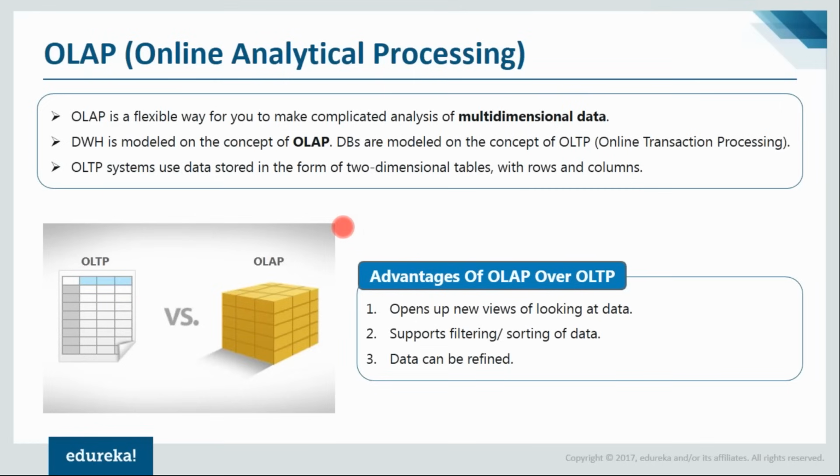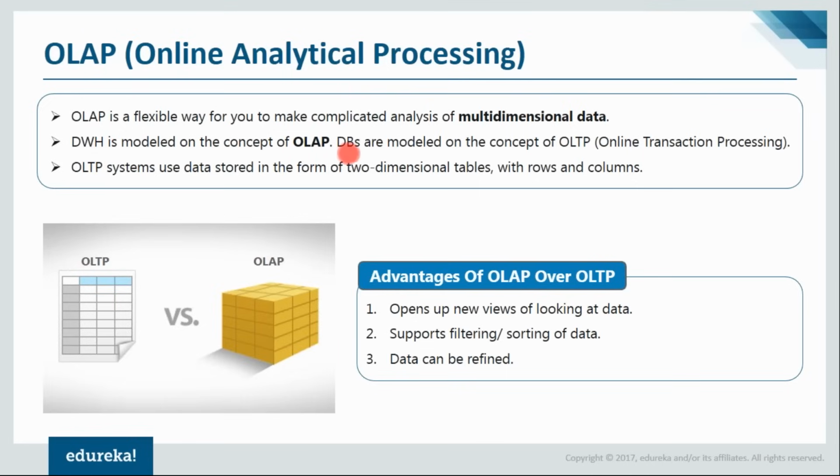The next point says data warehousing is modeled on the concept of OLAP. This is what I told you: whatever data is stored inside a data warehouse is stored in a multidimensional form, in the form of cubes, and to run your queries on your cubes, you run OLAP queries. That's what a data warehouse is.